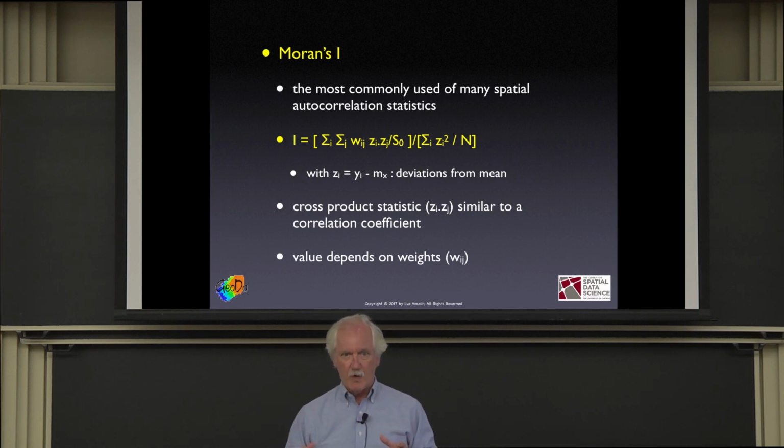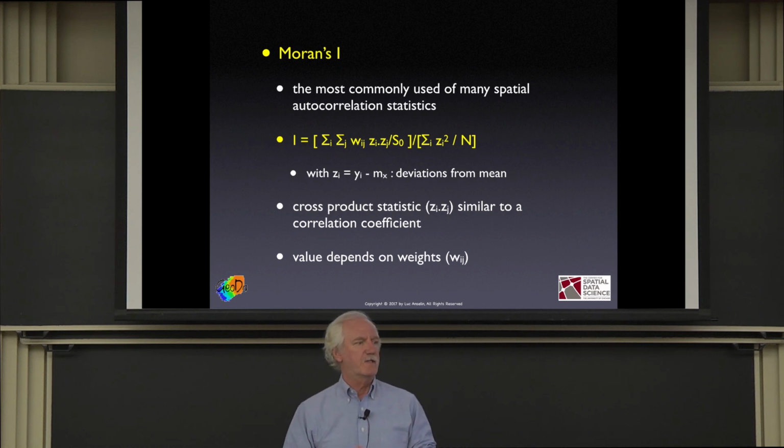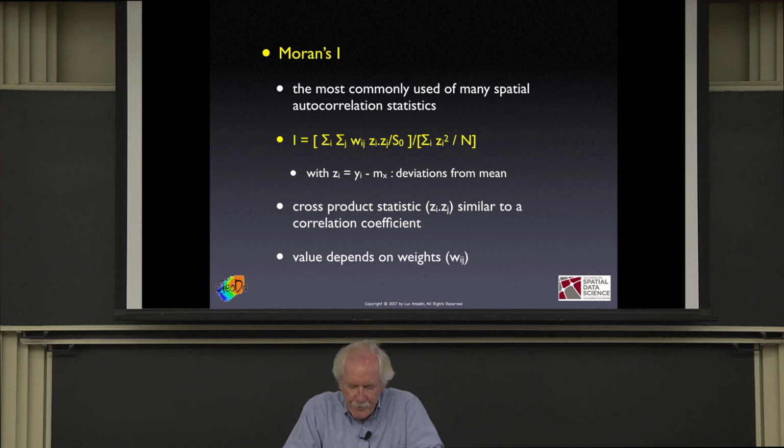But importantly, strictly speaking, the inference for these statistics only works if, one, the mean is constant, which we deal with by taking deviations from the mean, and the other one is that the variance is constant. So in the numerator, we have a double sum over basically all the pairs of observations, Zi and Zj.